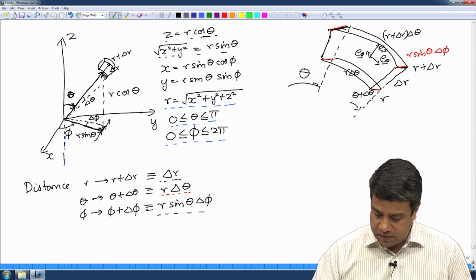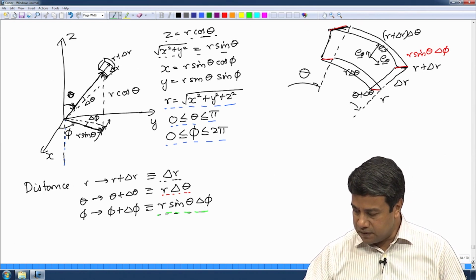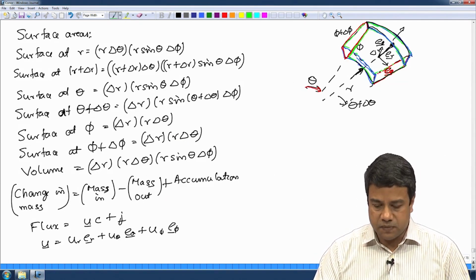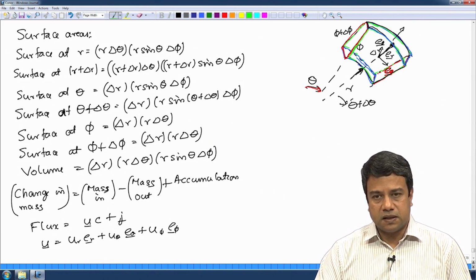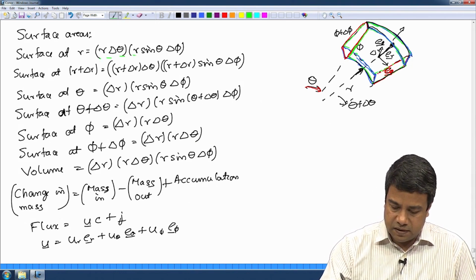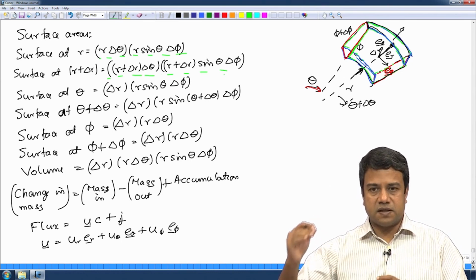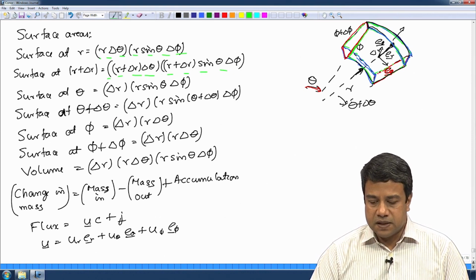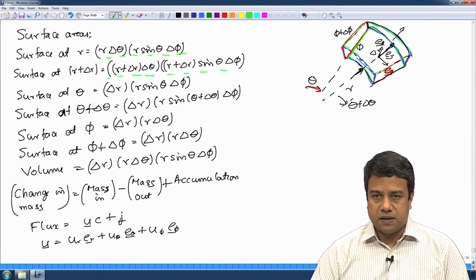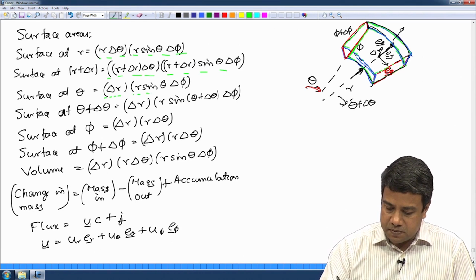So, therefore, for this case you get r sin theta times delta phi, which means that the surface areas are also functions of position. The surface at r is equal to the distance in the theta direction times the distance in the phi direction. And that does vary with radius, because the surface area of a spherical shell is going to depend upon the distance from the center. The surface at theta is equal to the distance moved in the r direction times the distance moved in the phi direction.